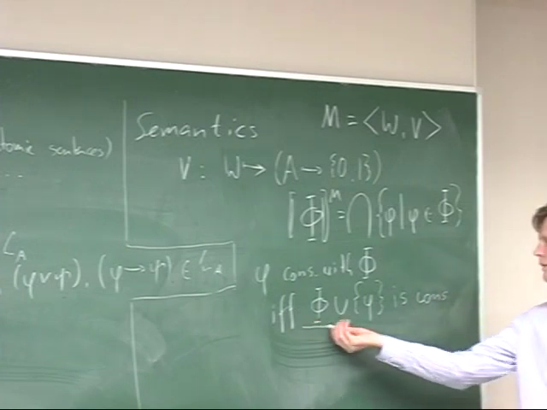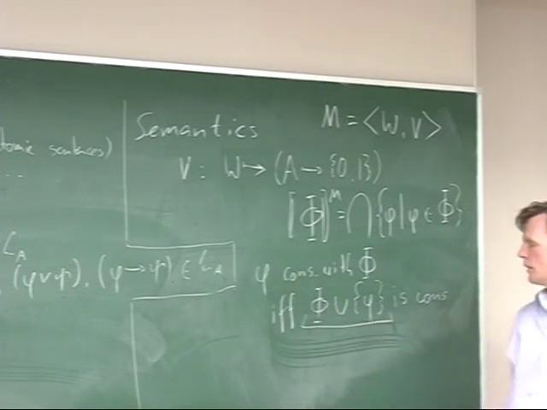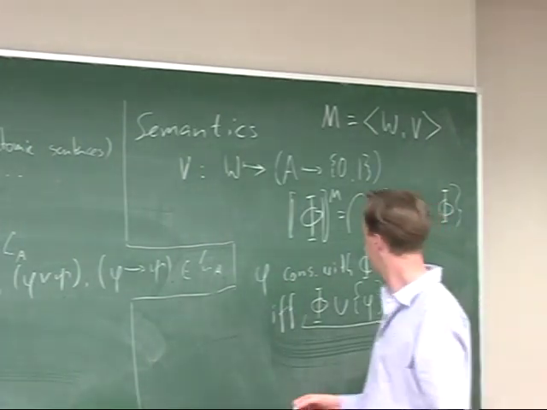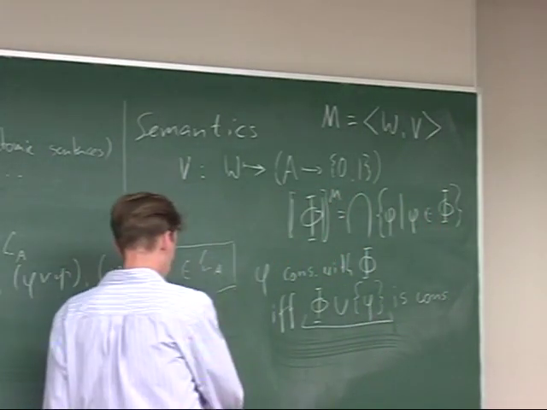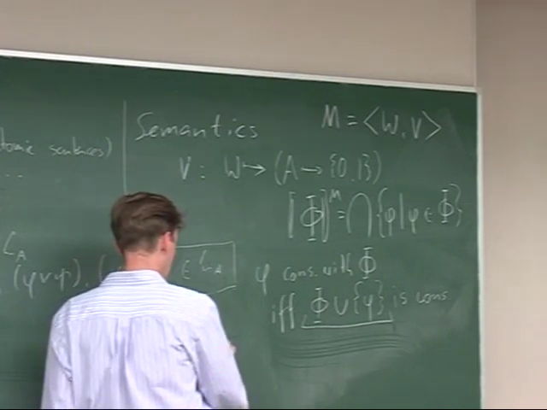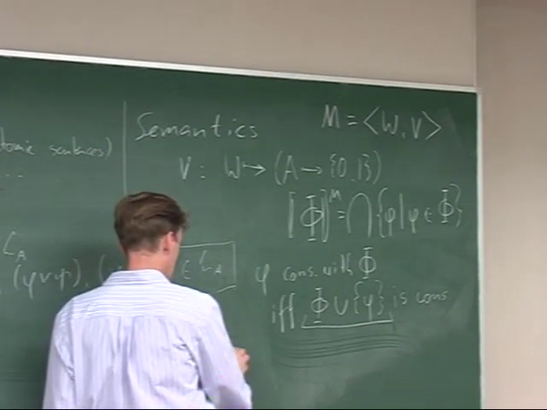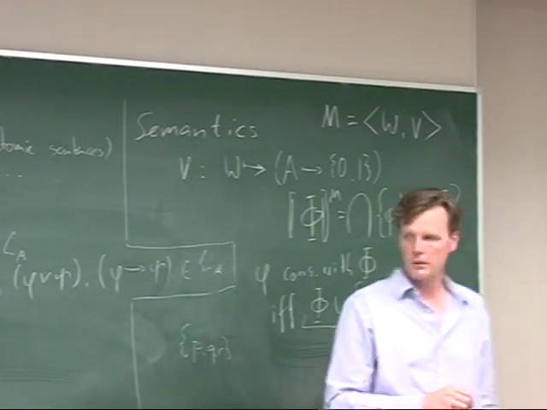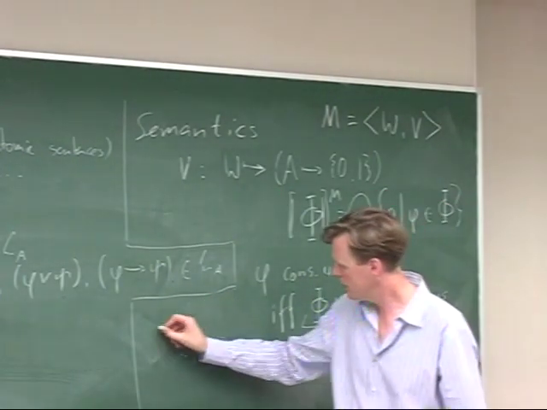Now, what is this? Well, for instance, if our phi is, again, say P, Q, and R. This be phi.